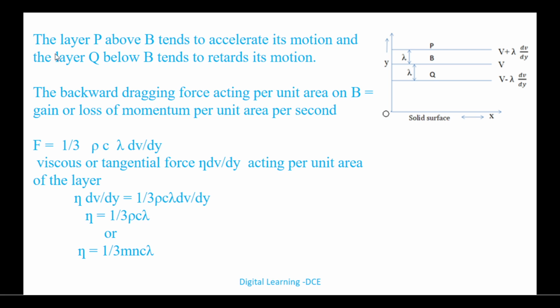So, the layer P above the layer B tends to accelerate the motion of the molecules of the layer B. At the same time, the molecules of the layer Q, that is below the layer B, tend to reduce the velocity of the molecules of the layer B. Here, the molecules of the layer P tend to accelerate the motion.